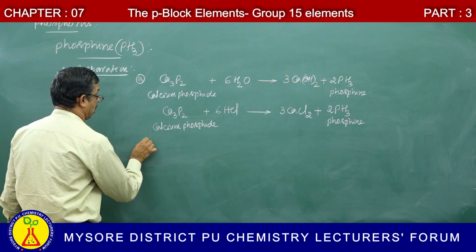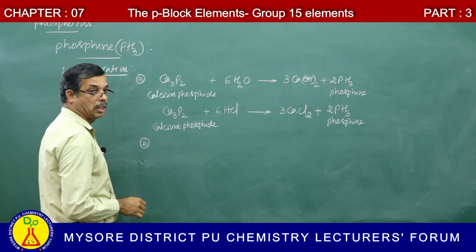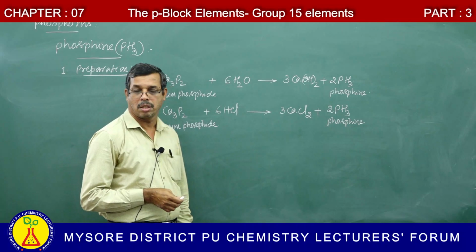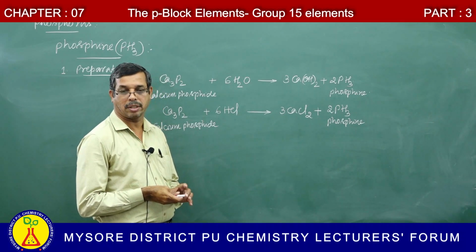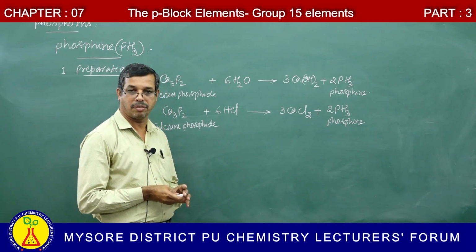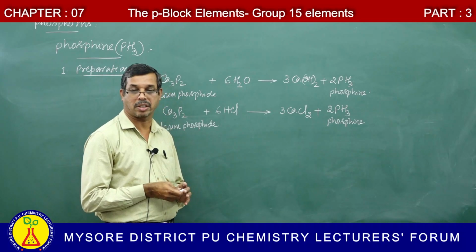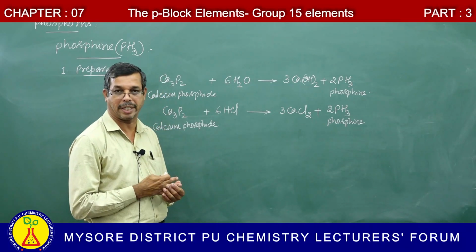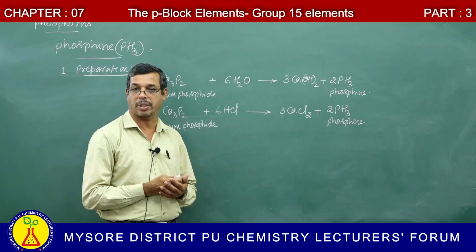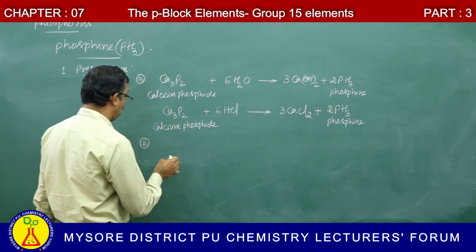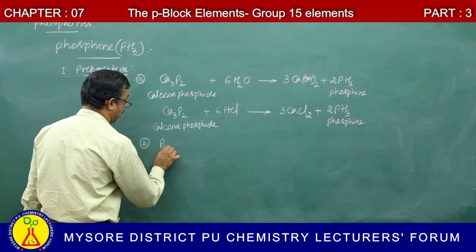Second one, in the laboratory, phosphine can be obtained by the action of white phosphorus with concentrated sodium hydroxide in an inert atmosphere of CO2. Look at the chemical equation.